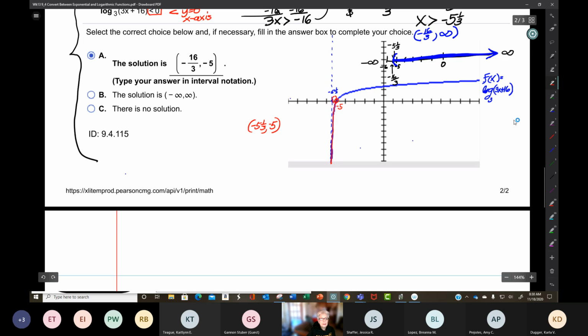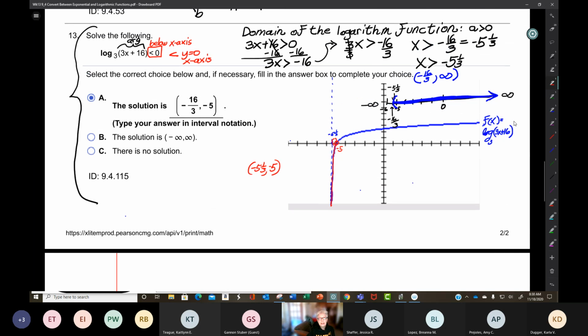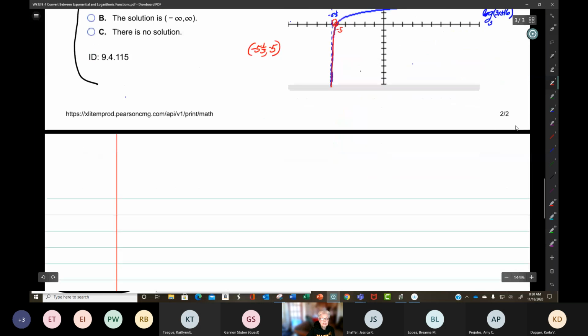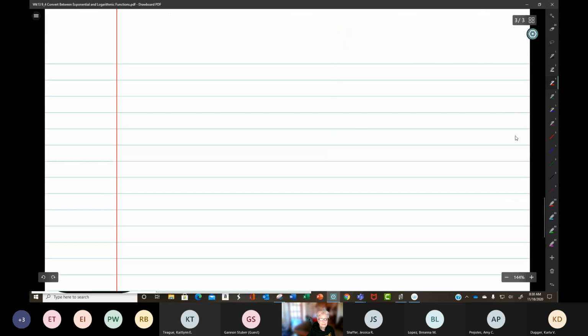So log base 3. Now here is where the instructions in the question help go to so much extra trouble. So we're going to not go to so much trouble. Log base 3 of 3x plus 16. I need to find where this crosses the x-axis.